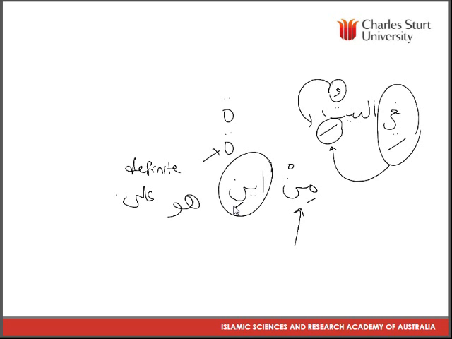Not Rin, not Ammaru, because it's masculine. First, it is masculine. Second, it is a proper noun for masculine. So, it has to have what? Tanween. For masculine proper nouns, tanween should always be at the ending.